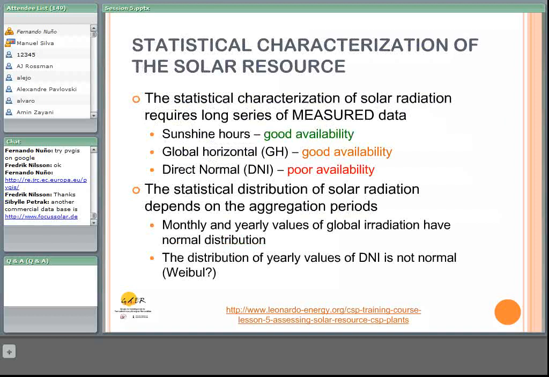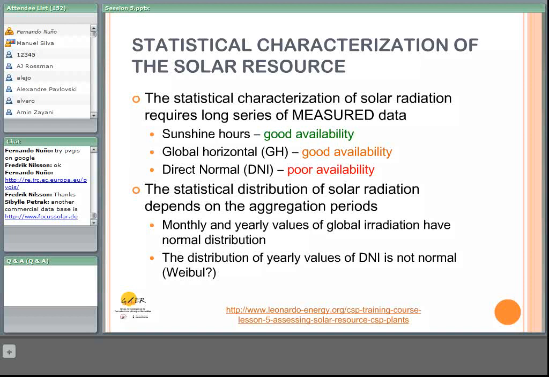although the climate of a given site is more or less constant, the meteorology is not, and the solar resource changes from year to year. These changes may be normally within ±5%, for example, but in some years you can have more differences.